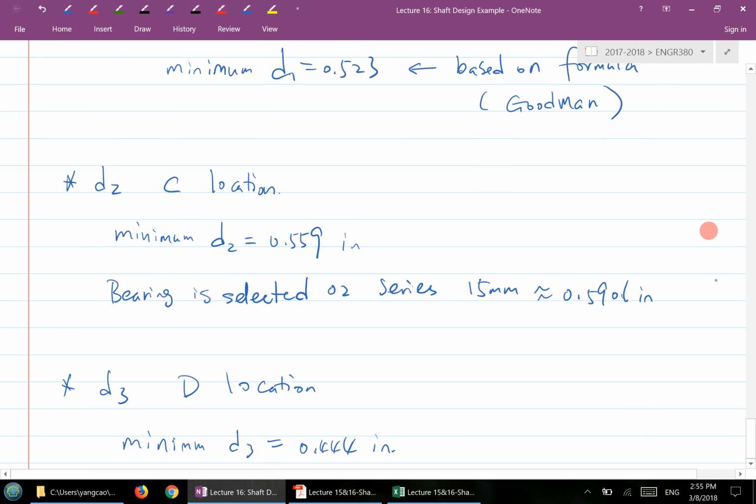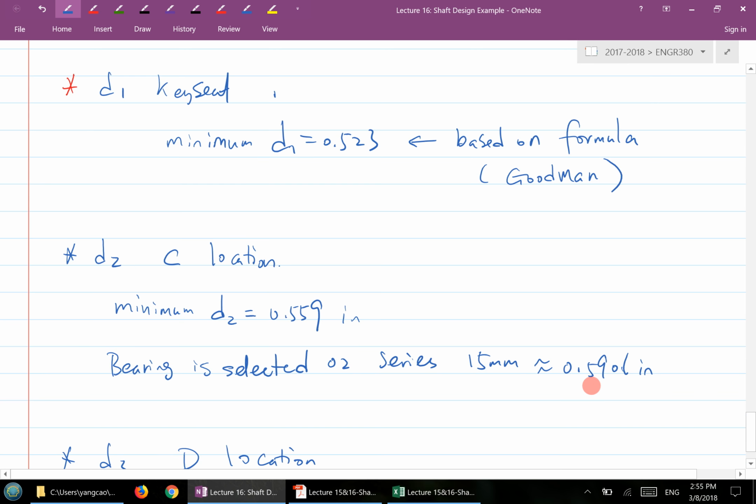If you look at this 0.5906, it's bigger than your calculated minimum value, which is fine, because this is the minimum. So you're going to bump up this shaft size at C to a slightly bigger value.